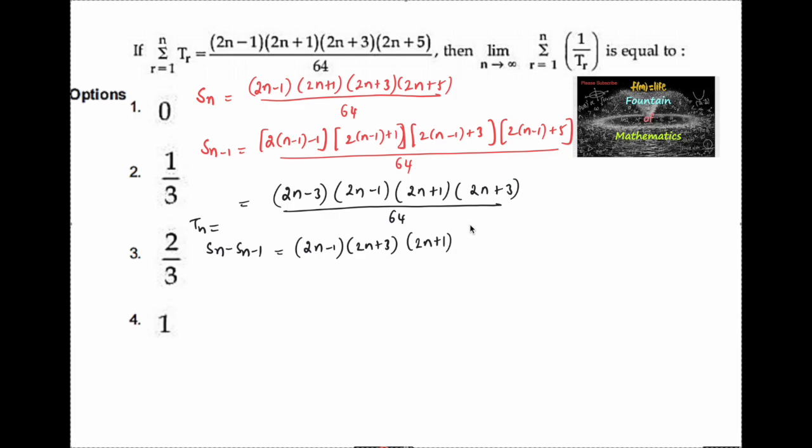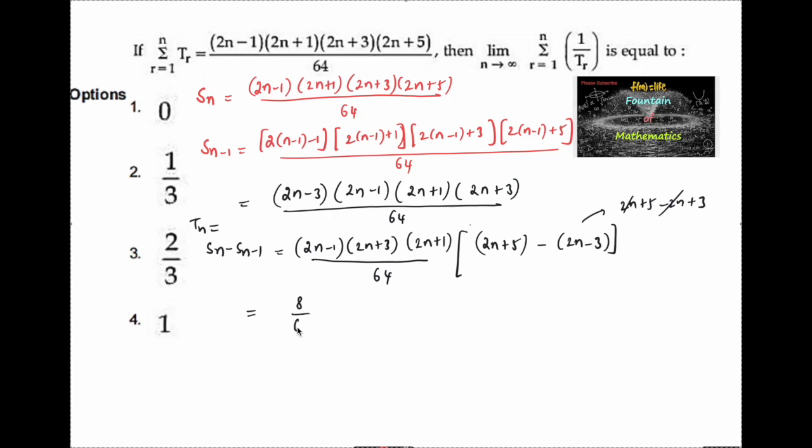These are the terms we can take common, divided by 64, and the remaining terms we can write 2n plus 5 minus of 2n minus 3, and simplifying we can get 2n plus 5 minus 2n plus 3, that is 8.